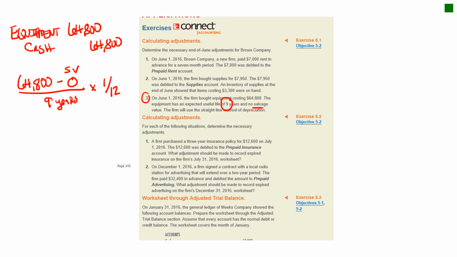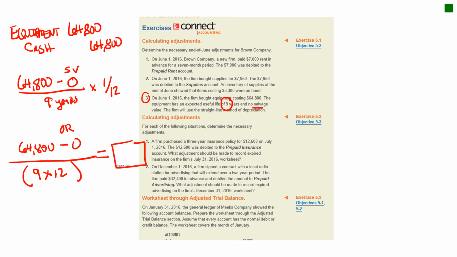If you wanted to do it this way, that's fine. Or you could simply take 64,800 minus 0 and take 9 times 12, convert the 9 years into 12 months, and of course that would also give you your adjustment. In this case, it would come right at $600. Both of these would give you $600.